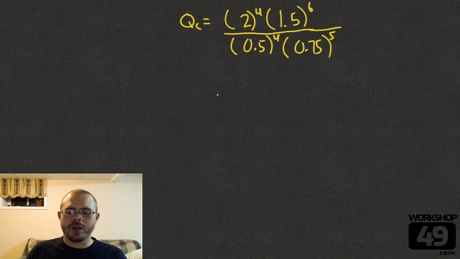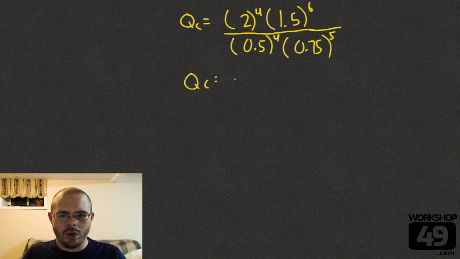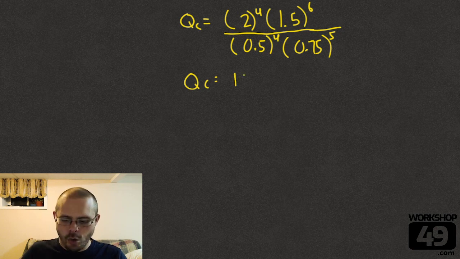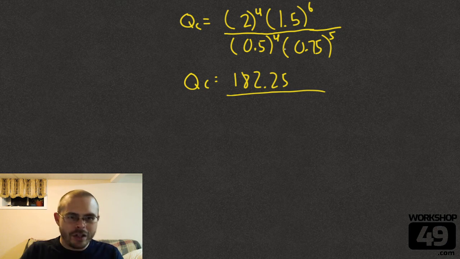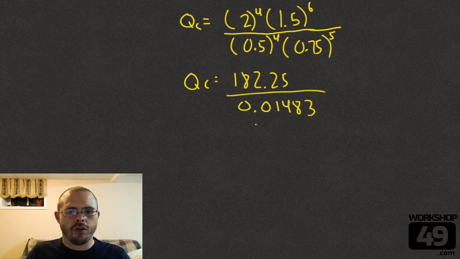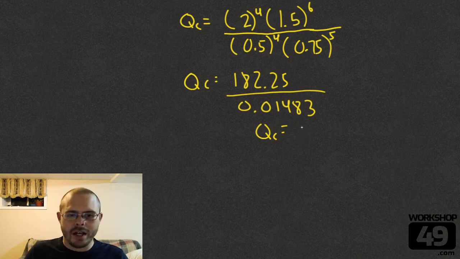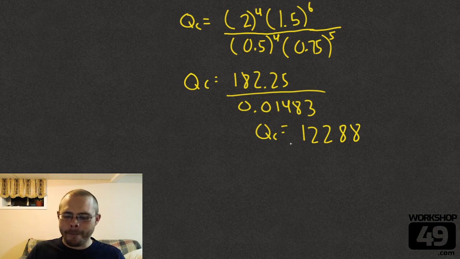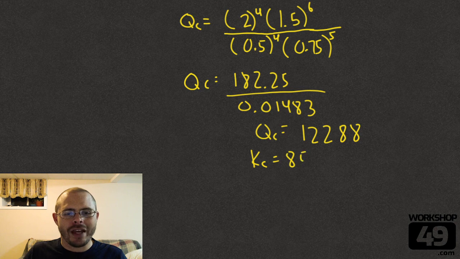We're going to chug this into the calculator in 2 steps: 182.25 over 0.01483, for a Qc value equal to 12,288. And we're comparing that to a Kc of 850.